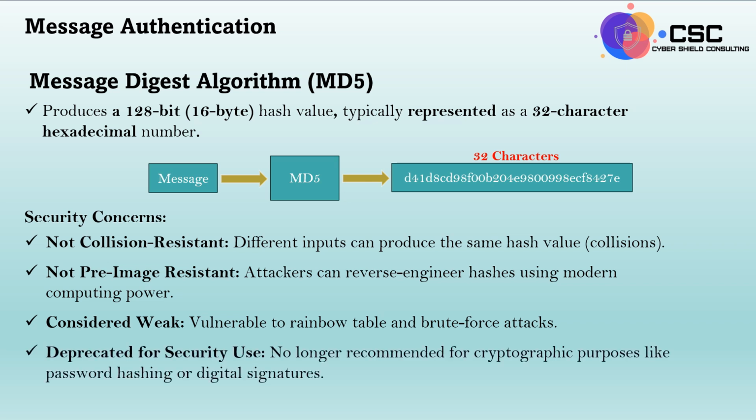However, for cryptographic security, modern algorithms like SHA-256, SHA-3, or Blake2 are recommended. So while MD5 played an important role in the evolution of cryptographic hashing, it's no longer suitable for secure applications. Instead, newer, more secure hashing algorithms should be used for protecting sensitive information.